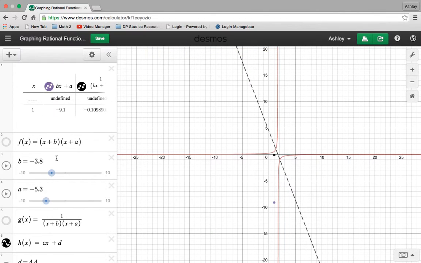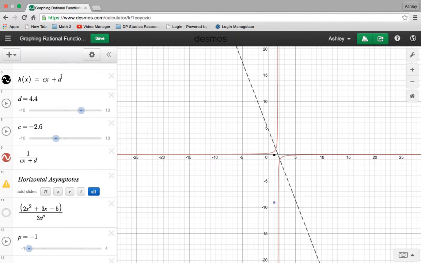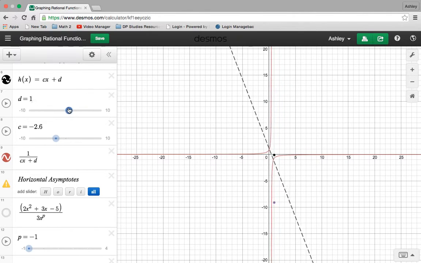So our original function here is a linear function, mx plus b. Let's just let 0 be our y-intercept so that we know what we're looking for.